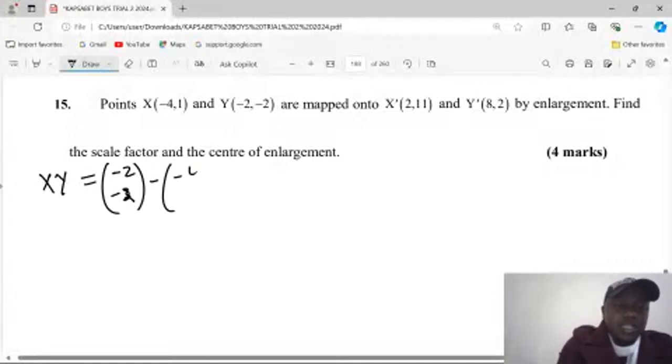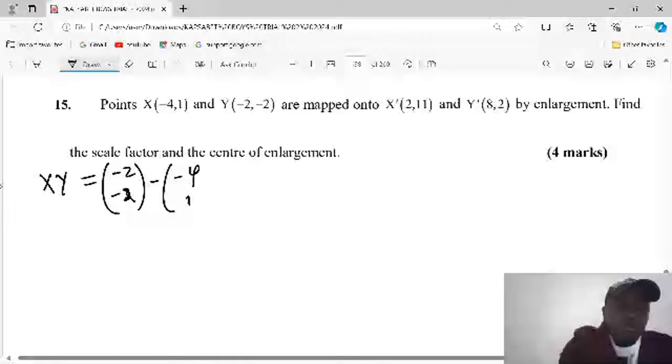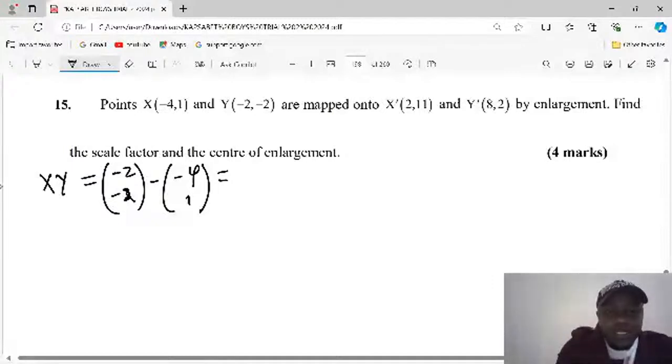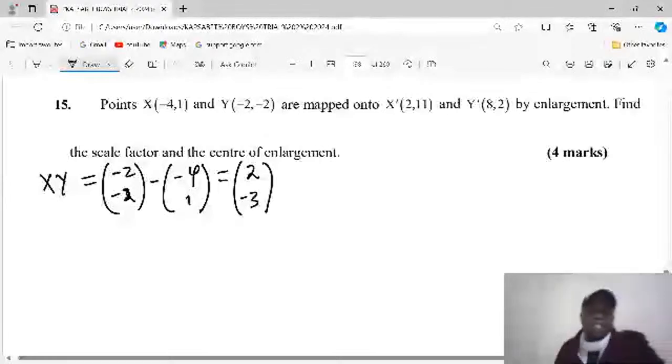The displacement from X to Y is going to be -2 plus 4, which makes it a 2, and -1 minus 4, which makes it a -3. This is the displacement from X to Y.